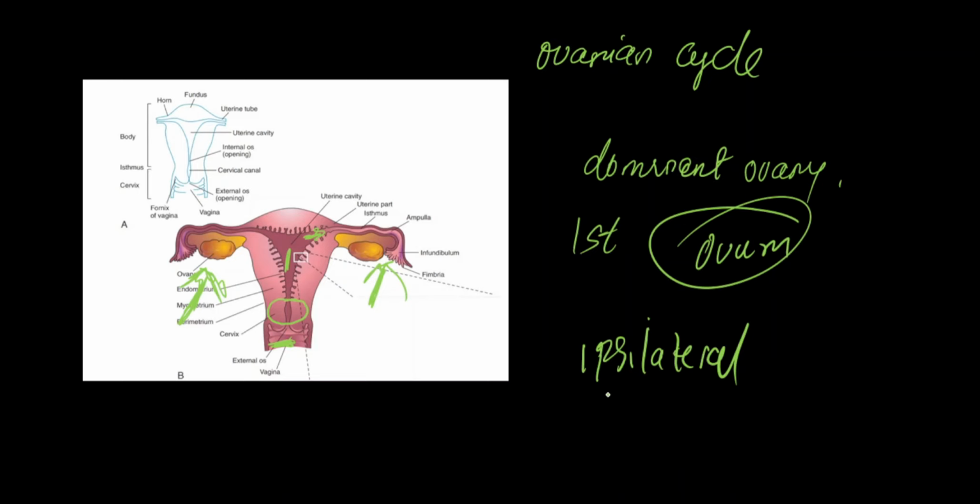So the fallopian tube that is on the same side as the dominant ovary would have the secondary oocyte within it, usually moving towards the uterus, but around the ampulla region of the uterine tube. So it's important for us to take note of that. Now, after the sperm has traveled from the upper vaginal area through the cervical canal and through the uterus, how exactly is the sperm able to tell in which direction it's to go?